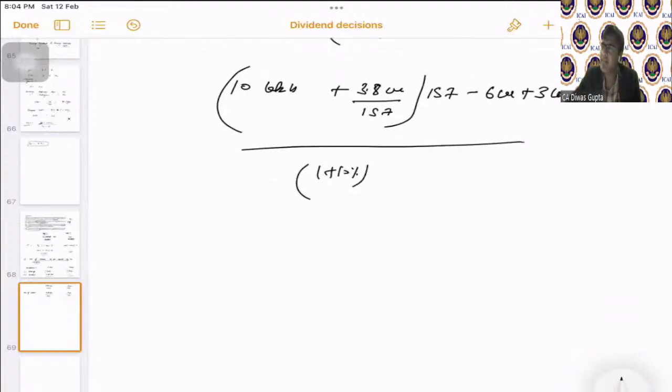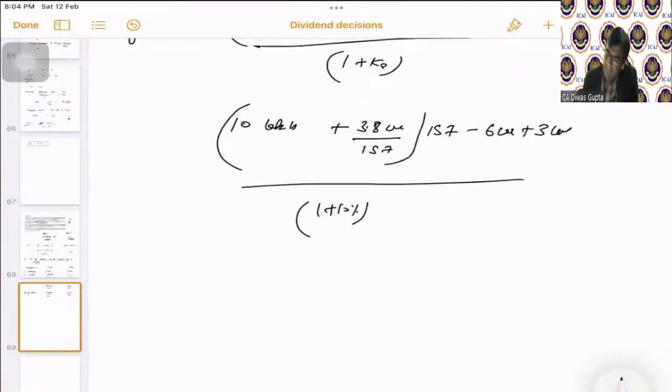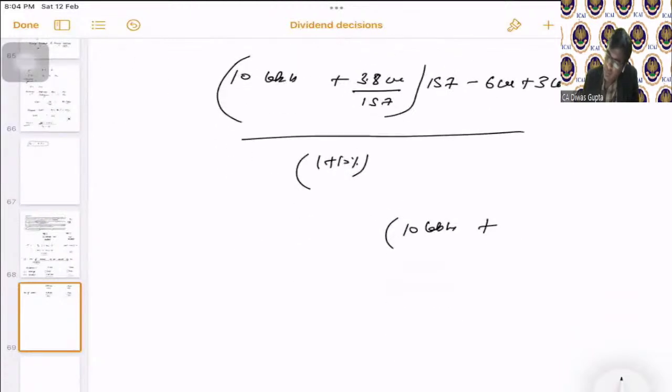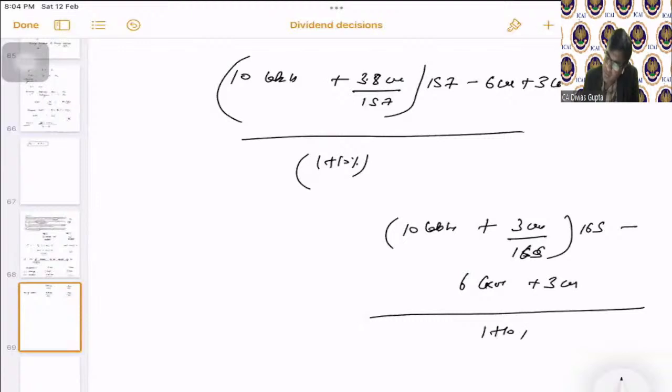Similarly, in the second case, students, in the second case, this 10 lakhs plus 3 crore divided by 165 multiplied by 165 minus 6 crore plus 3 crore whole divided by 1 plus 10 percentage.